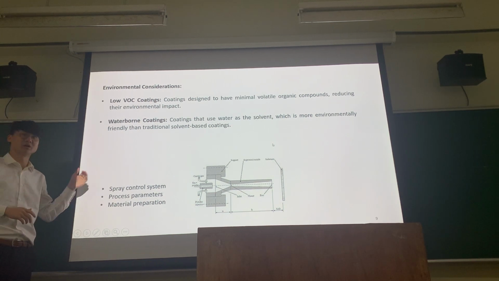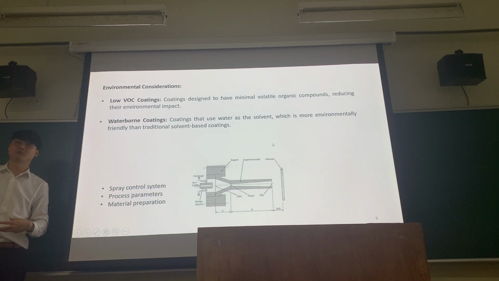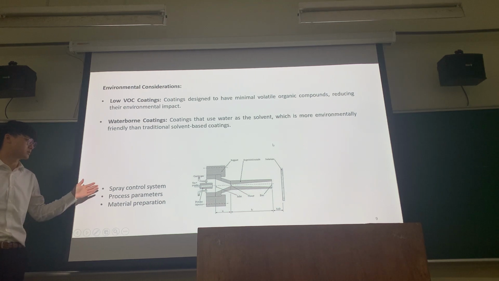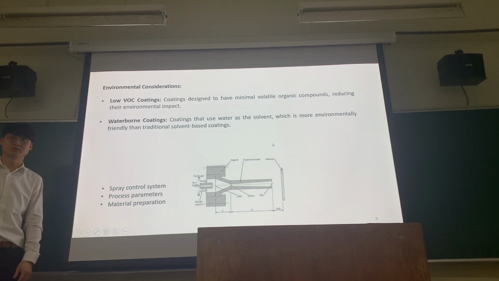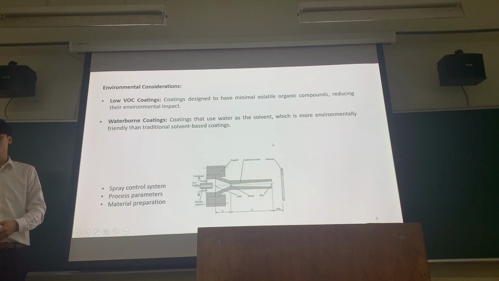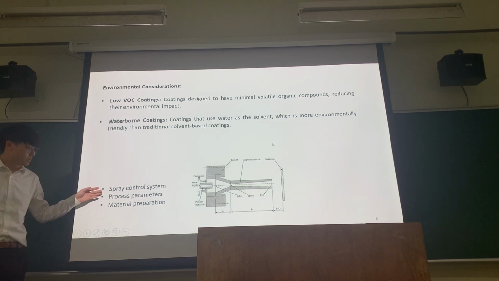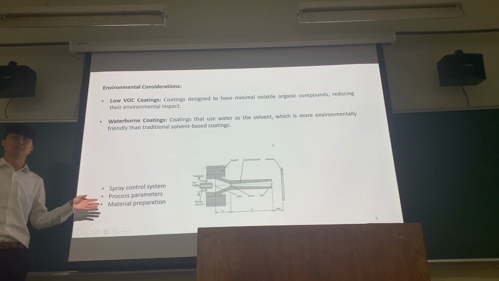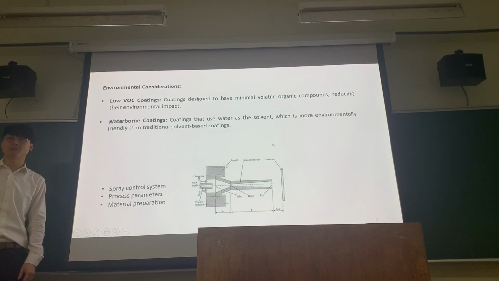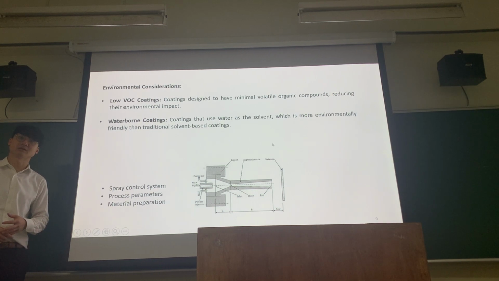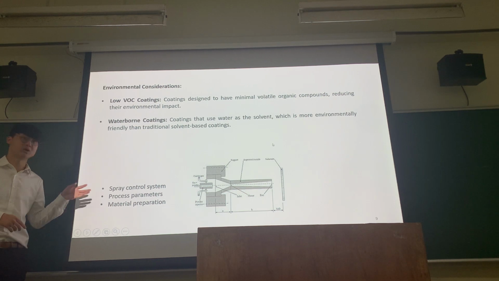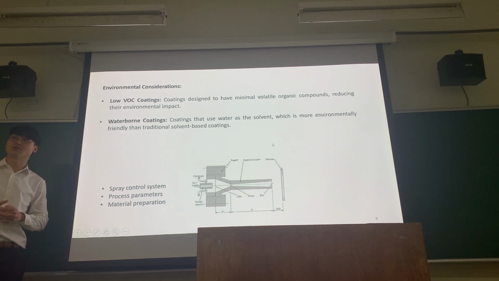One is the spray control system, so you need to take full control, or else you can't control the point of the spray. Second is the process parameters. As I mentioned, there are the temperatures, the pressures, how you feed in powders, and so on. And third is the materials preparation: how do you have the material ready so that you can have a successful coating from the spray system? So these are three key things when you talk about spray.